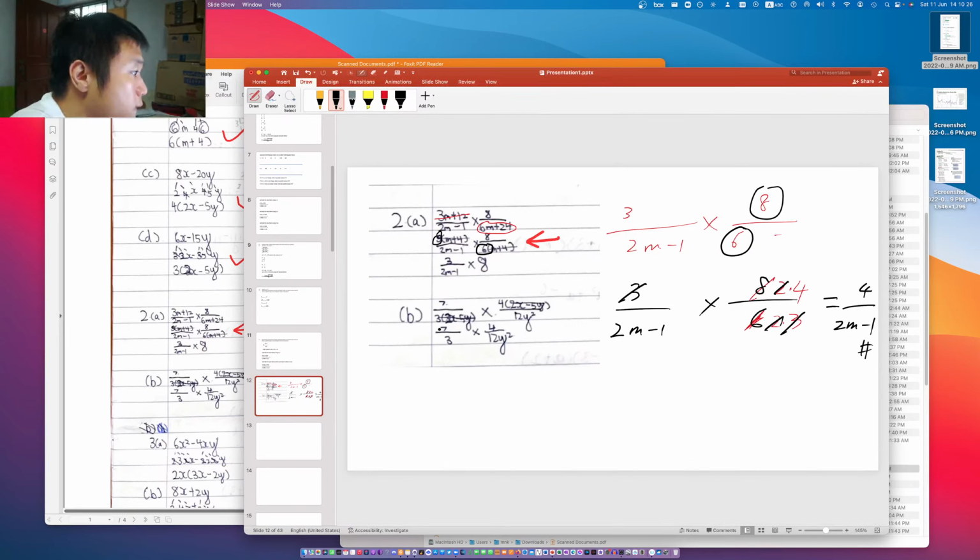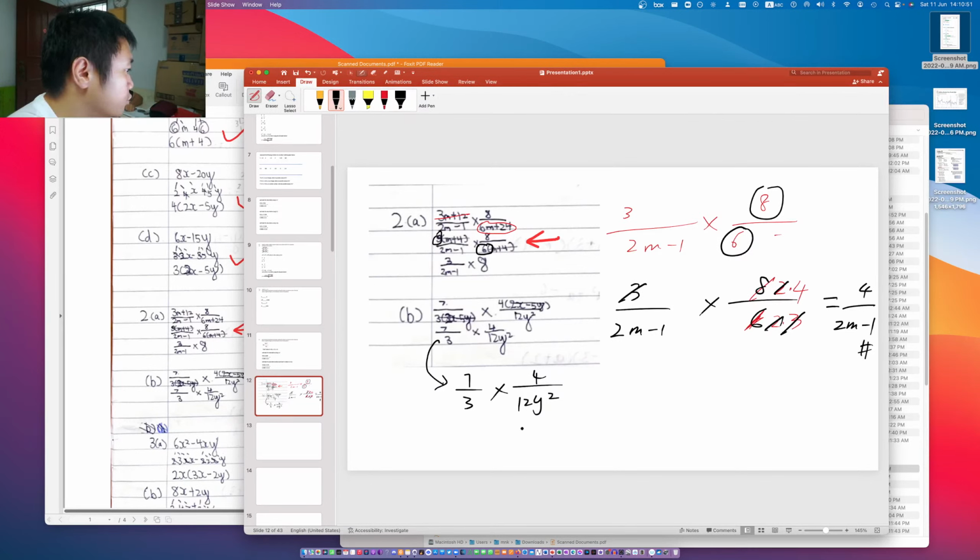Okay, so next. So when it comes to this part, you still have a lot of opportunity to simplify further. Can you continue from here? What else you can simplify is you can split the 7, 3, 4, 12.